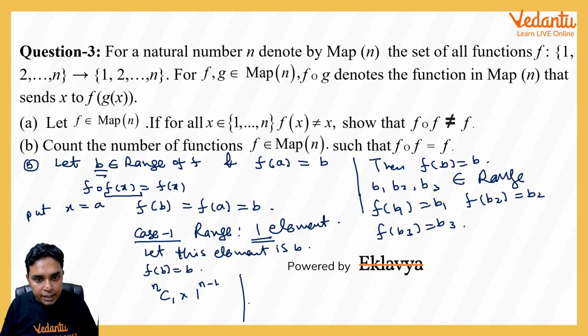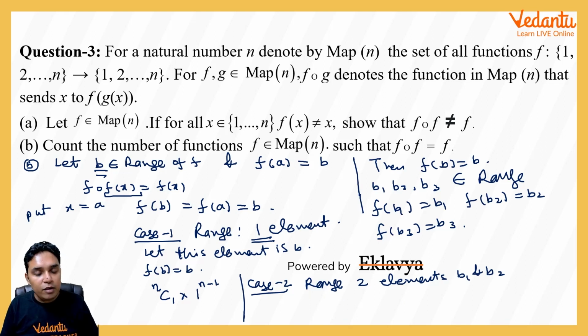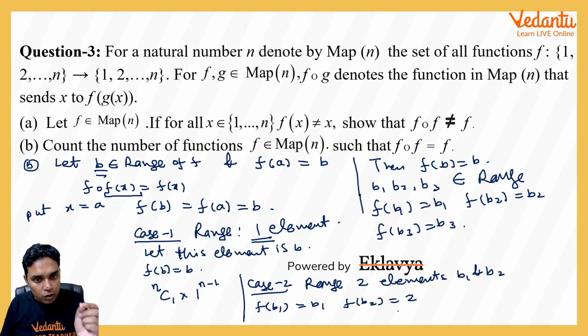Now, if I take case 2, case 2 means the range has 2 elements. Let us say B1 and B2. In that case, f of B1 will be B1 and f of B2 will be B2. And in this case, what will be the number of ways of doing this?